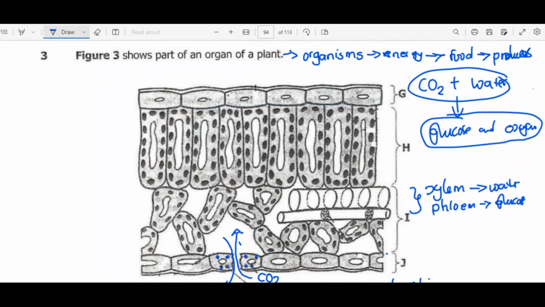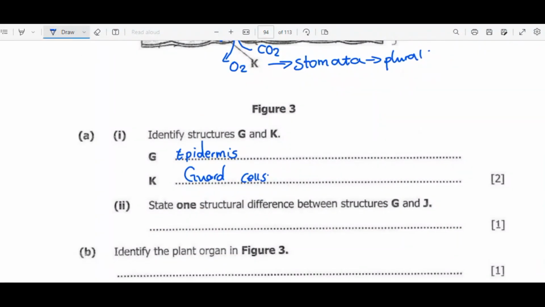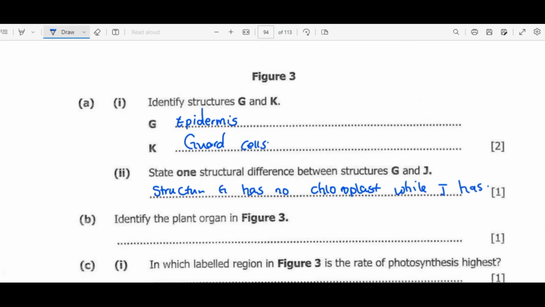So these cells are meant for protection of the parts of a leaf. So say structure G has no chloroplast, while J has.